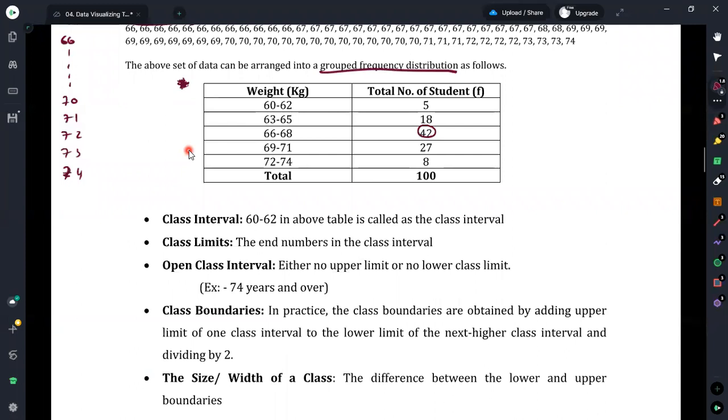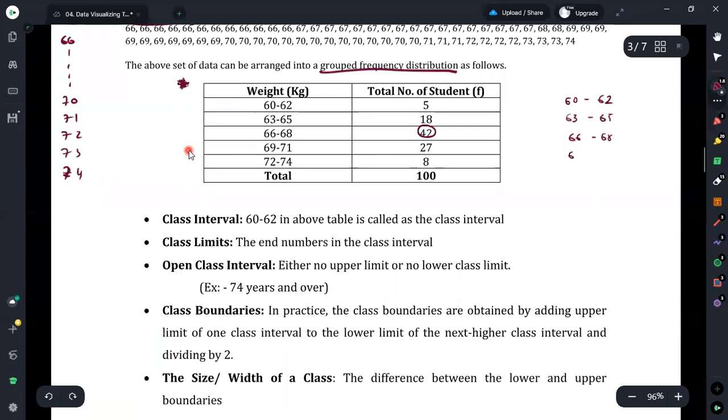Therefore, the interval that we are interested in is considered the class interval. Here the first class interval is 60 to 62. The next class interval is 63 to 65. Then the third class interval is 66 to 68. Then 69 to 71 is the fourth class interval. And the last class interval we have is 72 to 74.